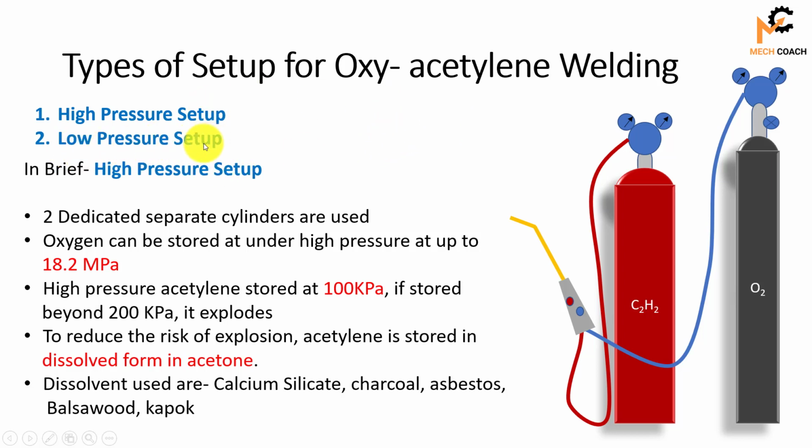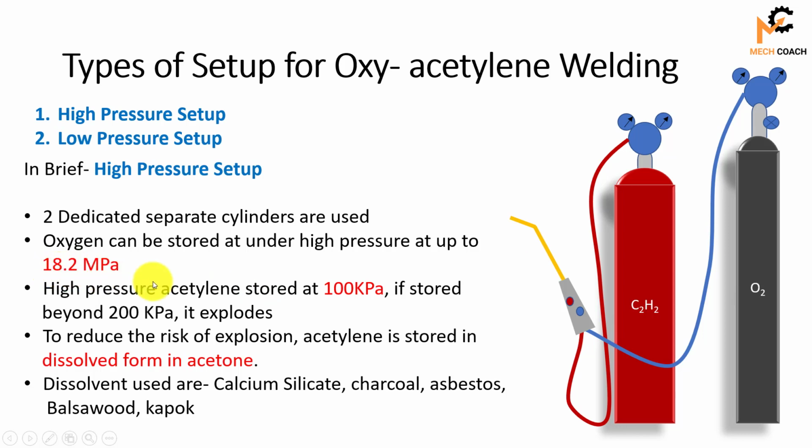There are two types of setups: the high pressure setup and the low pressure setup. For high pressure, both the gases are stored in cylinders under pressure. That means with different pressures: oxygen stored at one pressure and acetylene at another.